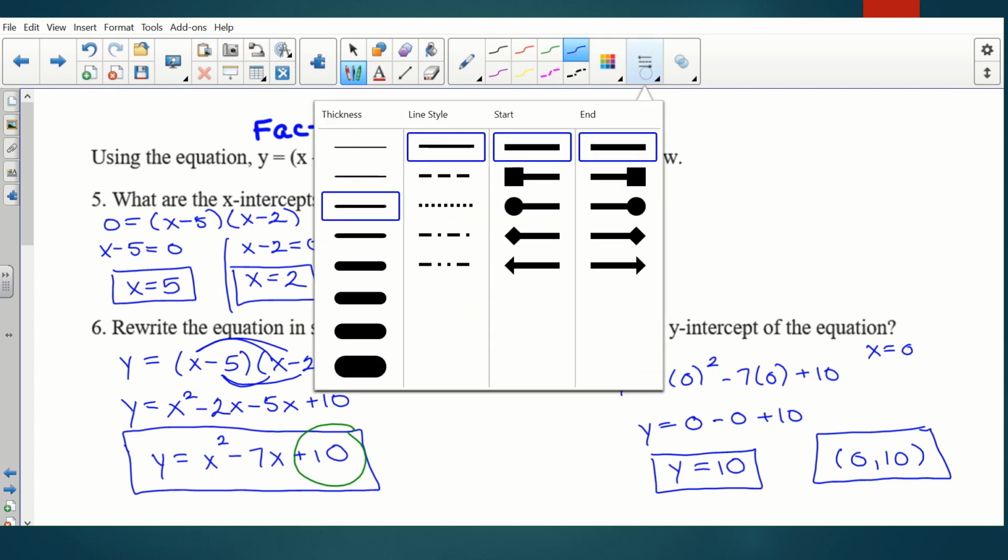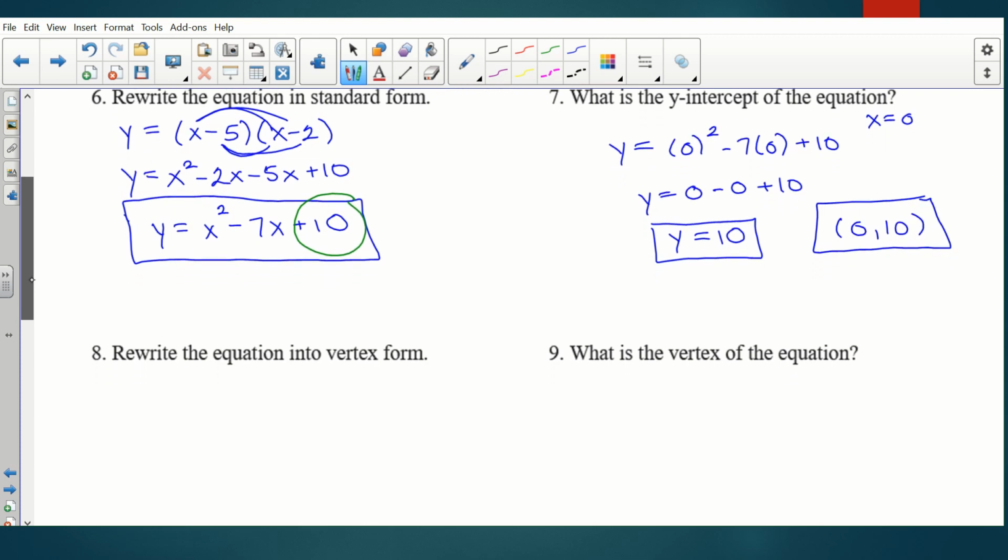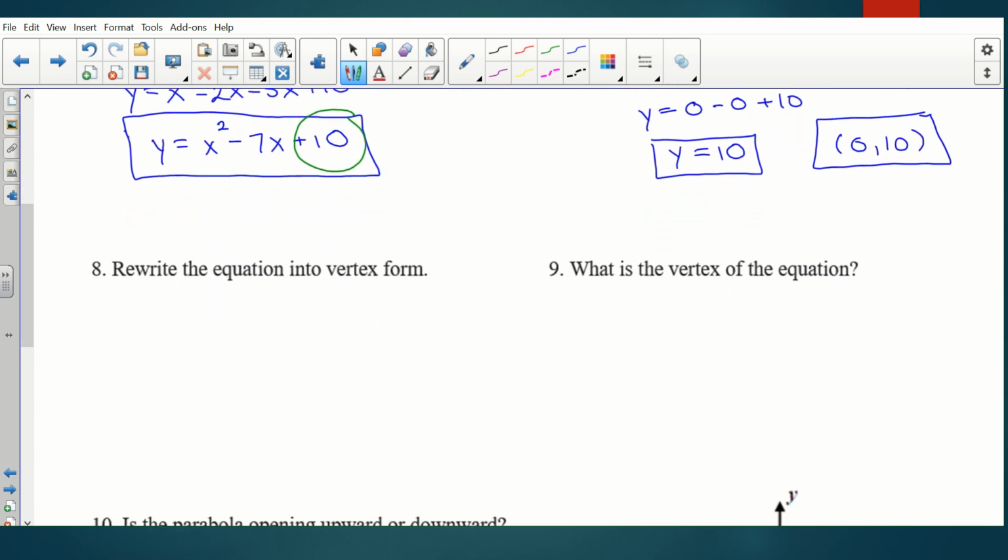So, continuing on here, we're going to rewrite the equation in vertex form. Using standard form, we're going to do what we did on the page before. I'm going to take the x squared and the minus 7x, those stay in the parentheses, plus blank, plus 10, minus blank. Half of negative 7 is negative 3.5.